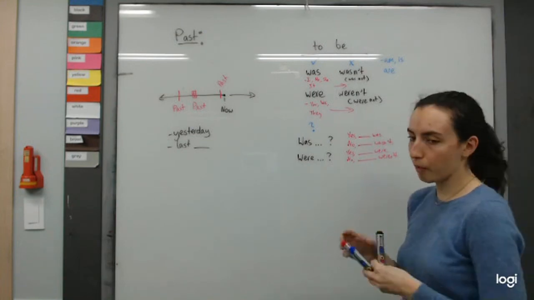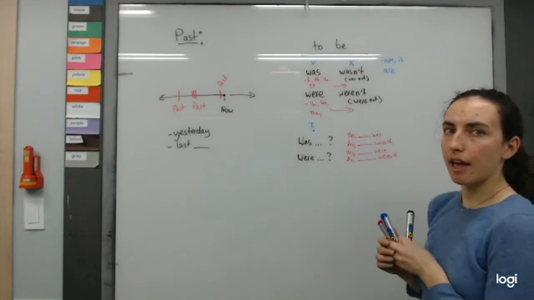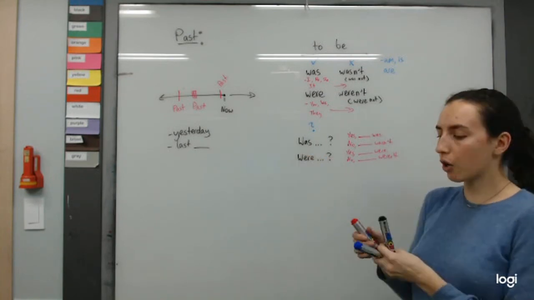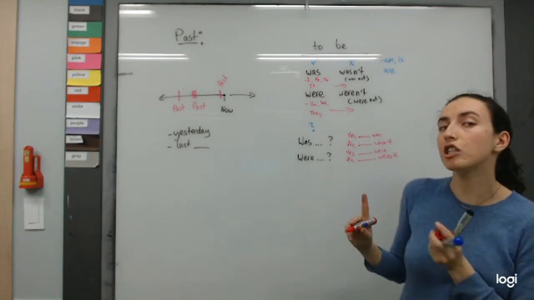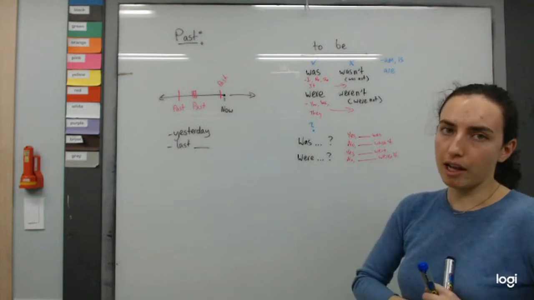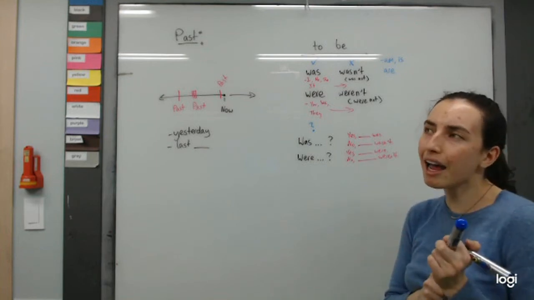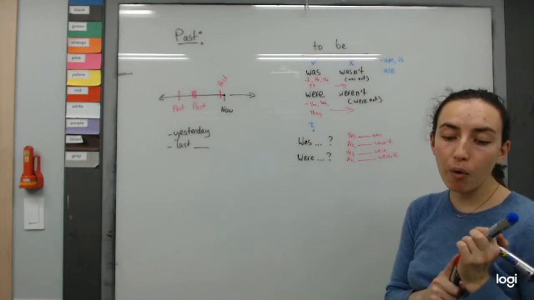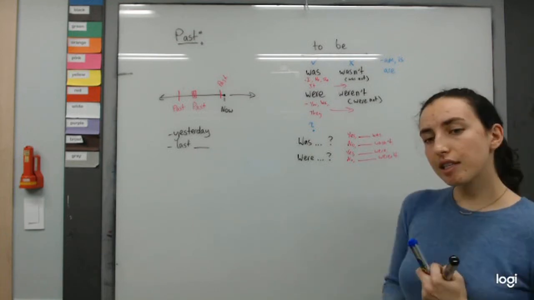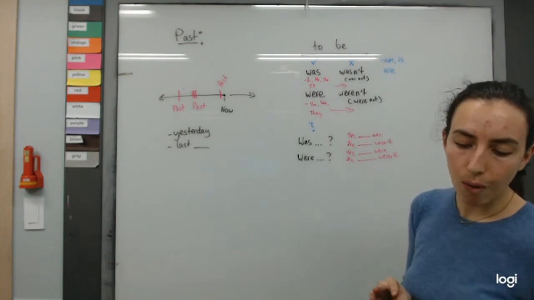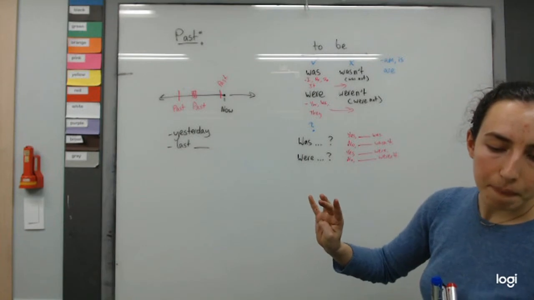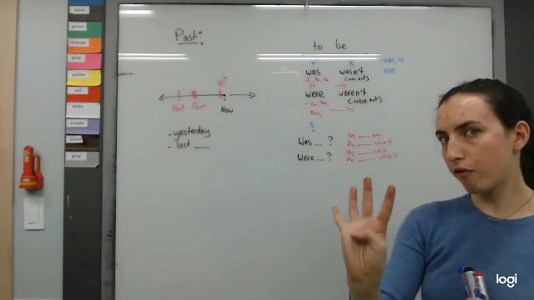Okay, now we can also have in English questions starting with verbs or questions starting with question words. So in this lesson, you know many question words already. You know how, you know why, you know where, you know whose, you know so many question words. But in this lesson, we are talking about 4 question words only.